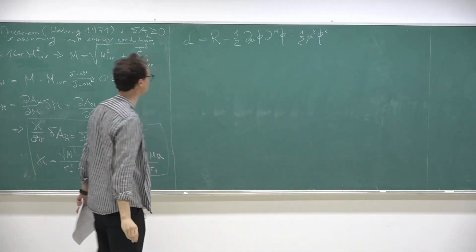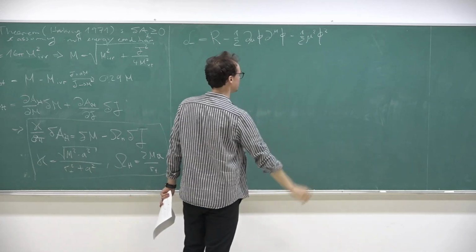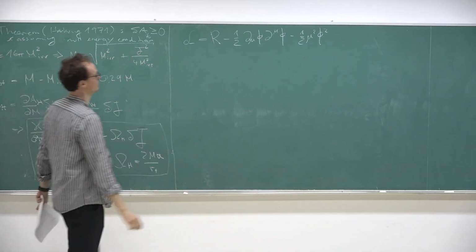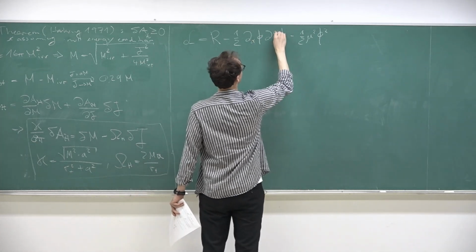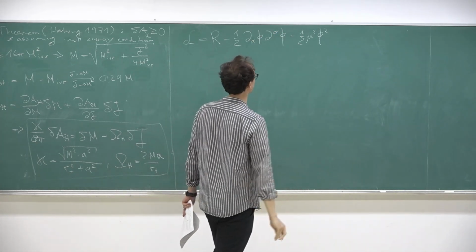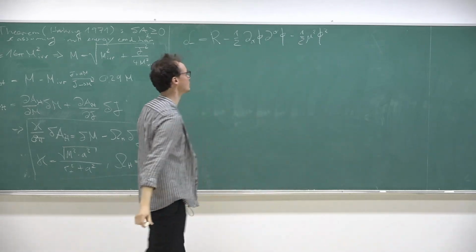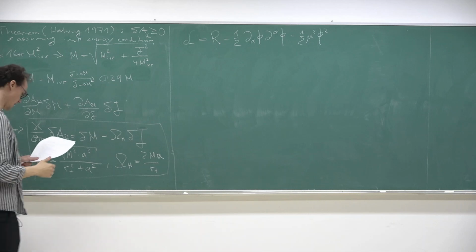R is just the Ricci scalar, and then we have some real scalar field phi. Maybe I should change the notation. Mu here is just a mass term, and then that's just a kinetic term for the scalar field.